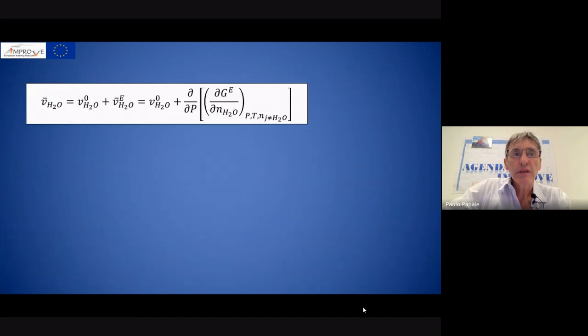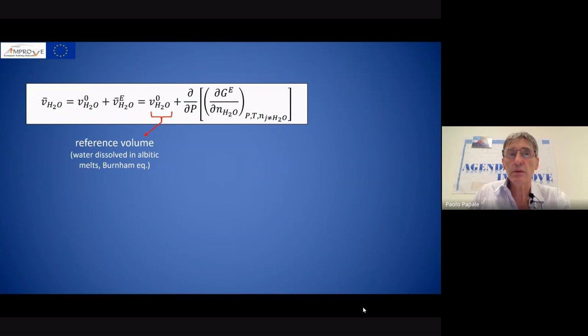Let's look at it in this new slide. The partial molar volume of dissolved water is given by a reference term plus an excess term. The reference molar volume of dissolved water corresponds, in our case, to the partial molar volume of water dissolved in liquid albite. Let's look at the excess term.